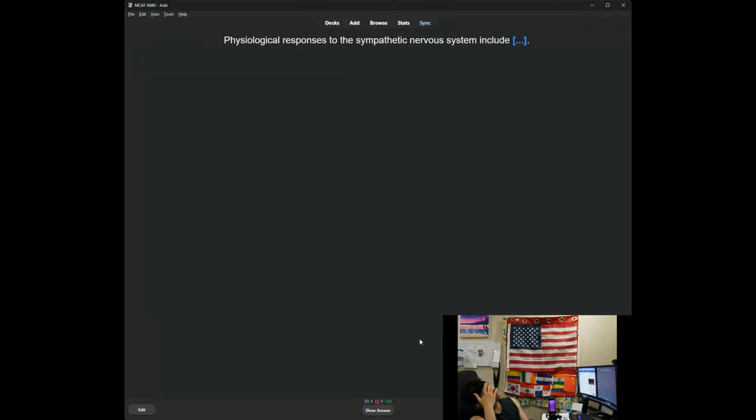Sympathetic includes increased heart rate, blood pressure, dilated pupils, decreased saliva from glands, and decreased enzymes for digestion, I guess overall.